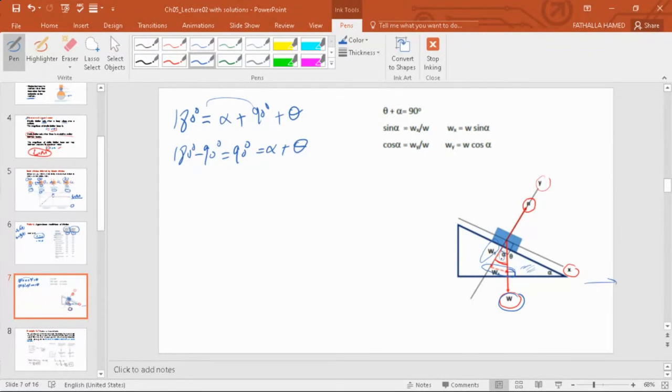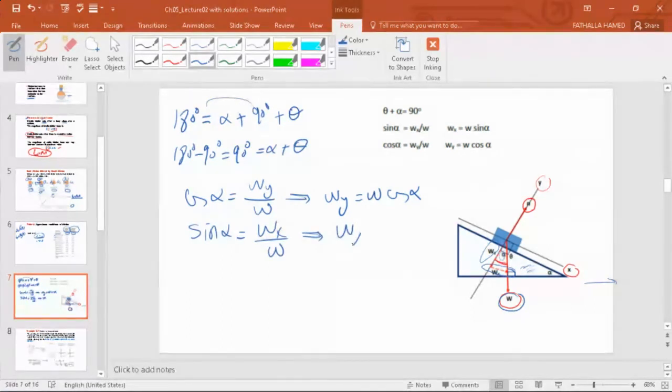If you notice, the angle here is alpha, so if you take cosine alpha, it will be the adjacent, which will be wy, and of course the hypotenuse will be w. And that tells you that the y component will be the weight cosine alpha. And if you look at the sine alpha, you will find it is wx over w, which will tell you that the x component of the weight will be the weight sine alpha.